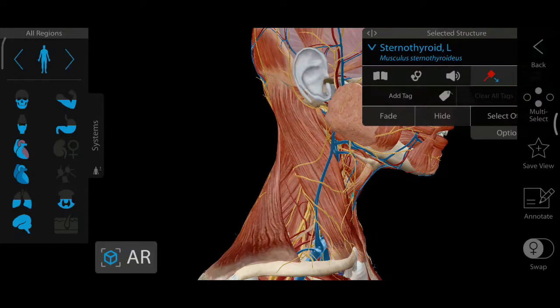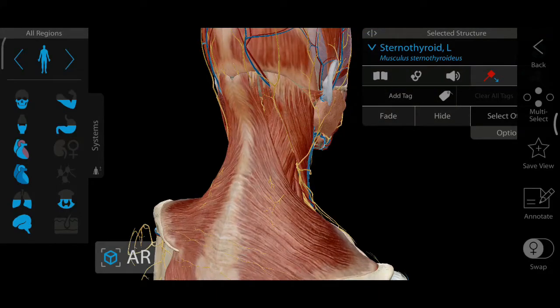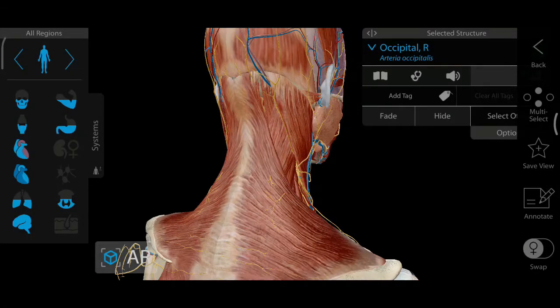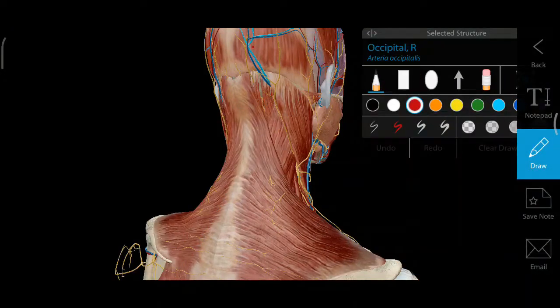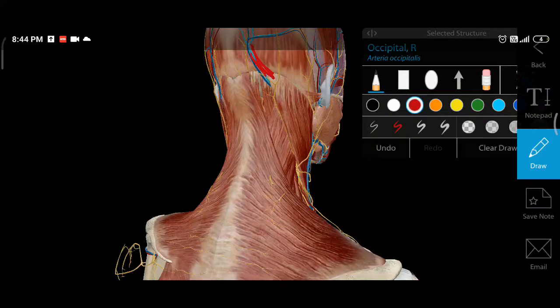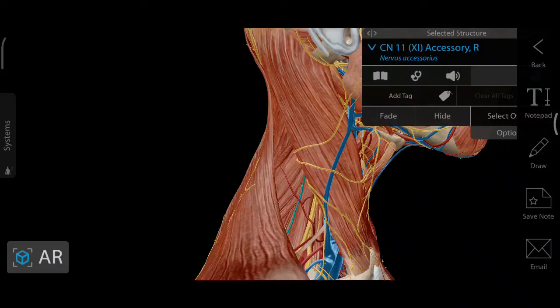As the name suggests, the main content of this occipital triangle is the occipital artery. Can you see this artery? Here we have the occipital artery. The occipital artery is the main content of this occipital triangle.